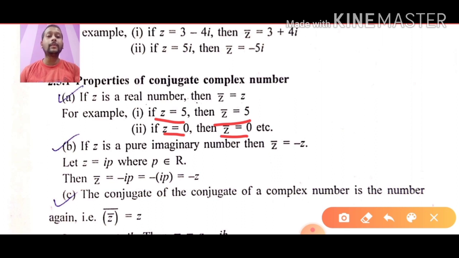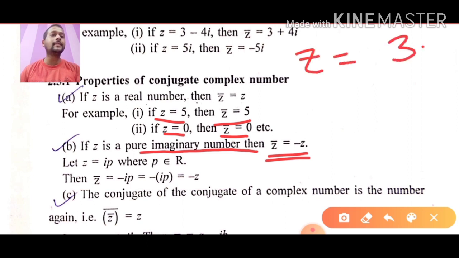When it is a pure imaginary number, then z bar is equal to the additive inverse of z. What are pure imaginary numbers? If we give an example, say 3i. We know the conjugate of 3i is what?